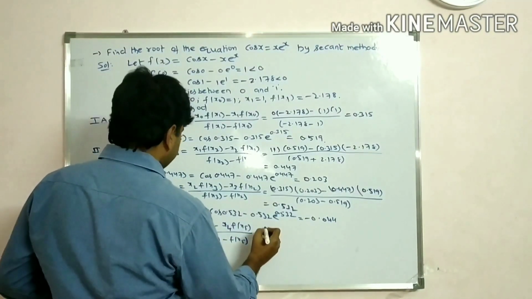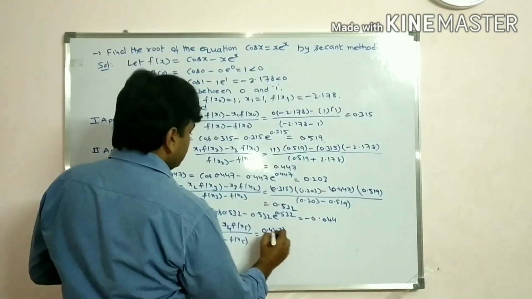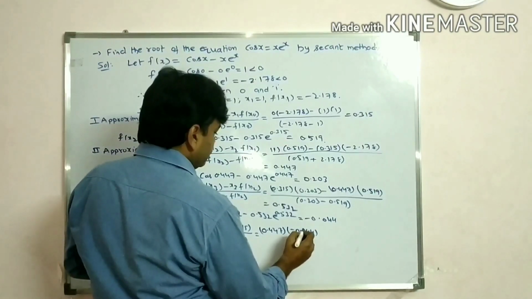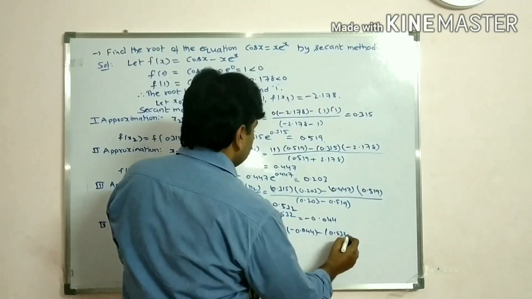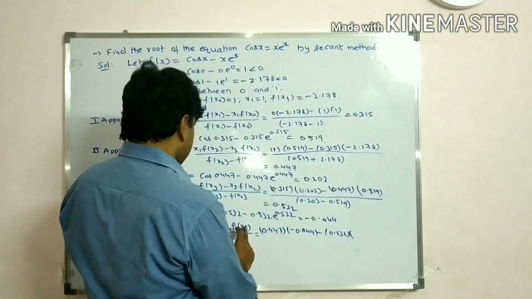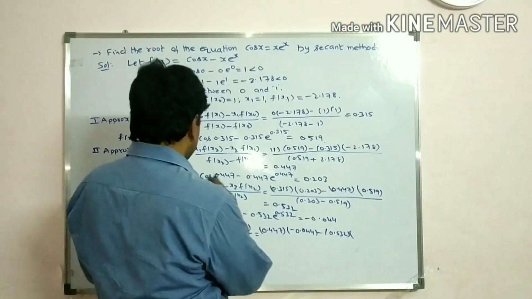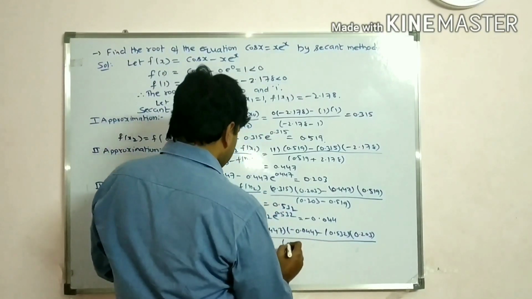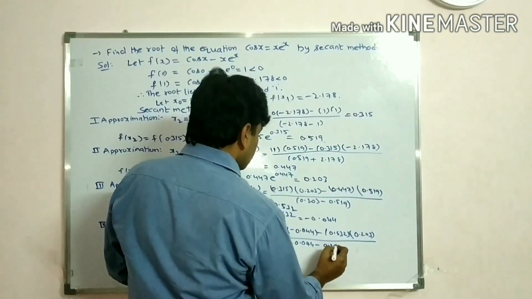So that is equal to x3, 0.447, f of x4, minus 0.044, minus x4, 0.532, f of x3, which is 0.203, divided by minus f of x4 value 0.044 minus 0.203.